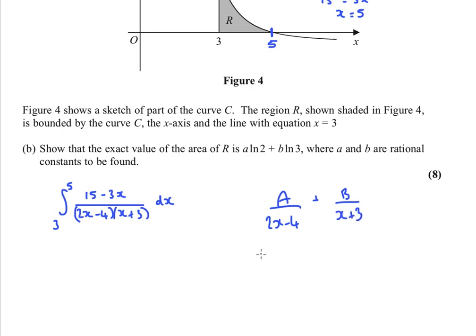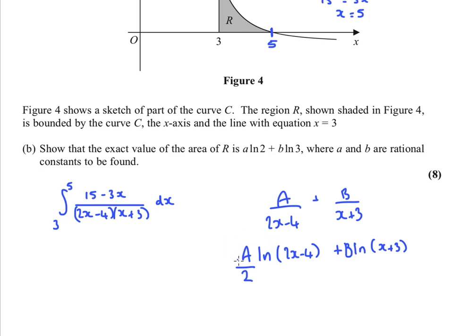It would integrate to a ln of (2x take 4) over 2 plus, because of the coefficient of the x term here, so I'm just applying the easy version of the reverse chain rule, and this one would just be b ln of (x plus 3) because the coefficient of x here is 1, so I don't need to divide by anything in this case.